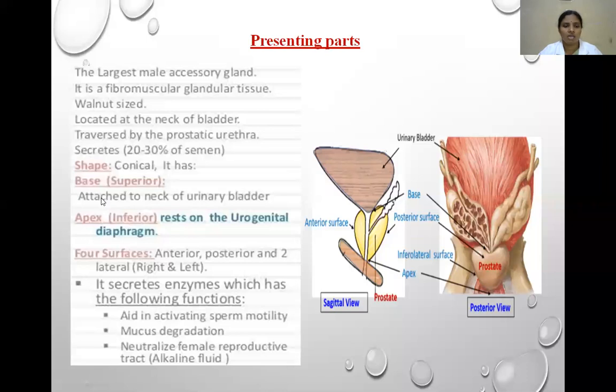So what are the important structures related to the prostate gland? Coming to the surfaces: this is a posterior surface, this is the anterior surface, and two lateral surfaces.